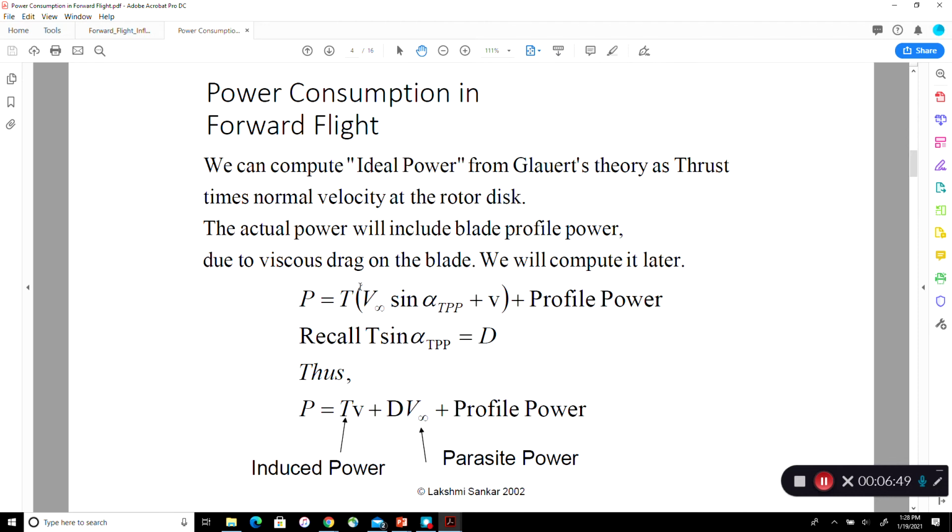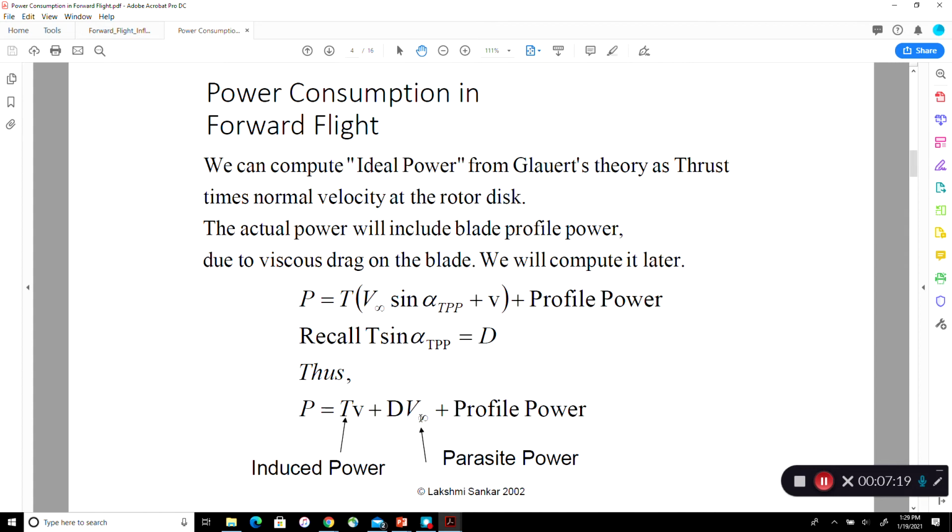Now, if you look at the force balance we did a couple of modules ago, T times cosine alpha tip path plane is vertically pointing upwards, so that's balancing the weight. On the other hand, T times sine alpha tip path plane is overcoming the drag. This is the forward directed thrust force. This is the rearward directed drag. So replace T sine alpha tip path plane by drag, then this is called the parasite power.